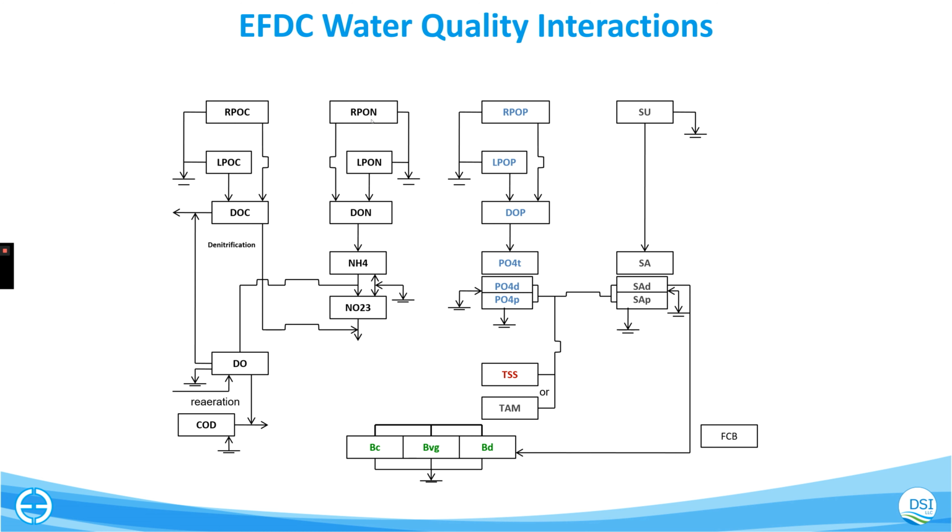A couple of other little things to note here. This is chemical oxygen demand, COD. It's one of the state variables, but you'll notice that kinetically it's not connected to anything. It's kind of along the side.